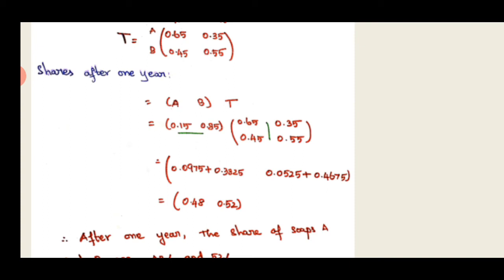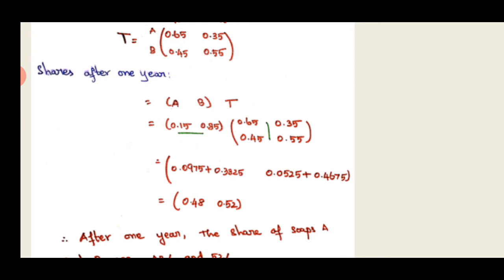Take the first row and first column, multiply 0.15 with 0.65. So you get 0.0975 plus then 0.85 and 0.45. When you multiply you get 0.3825. And then next take the first row, AB matrix values 0.15, 0.85, and second column of T matrix you have to multiply.